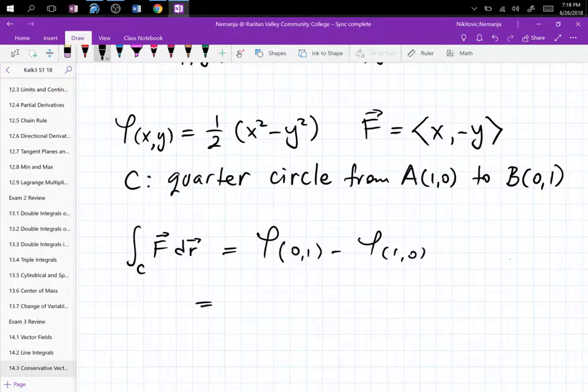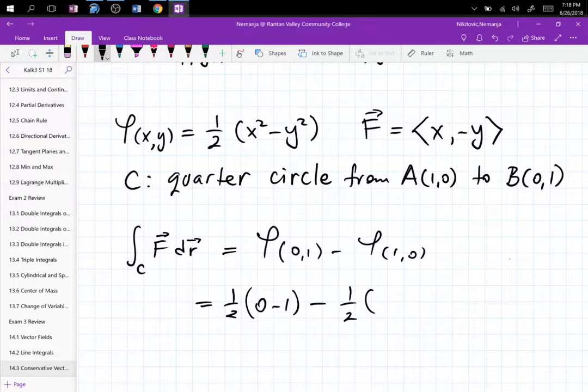That calculation should take less than 18 seconds. I have 1/2 in a parenthesis, 1 squared, so I have a 0 minus 1/2 minus 1/2 in parenthesis over here I have 1. So this is going to be negative 1/2 minus 1/2. It's negative 1, and you're done.